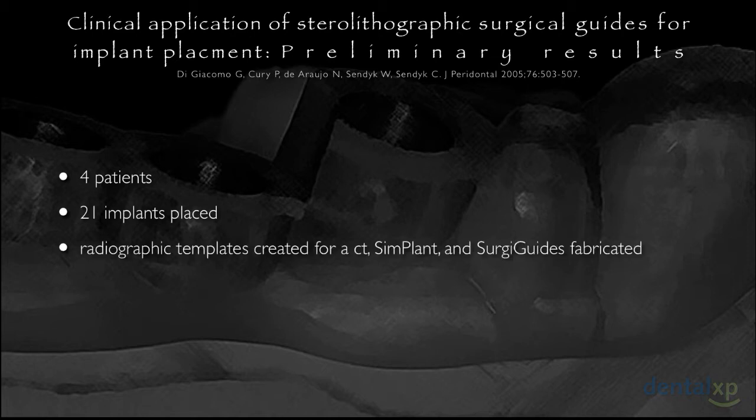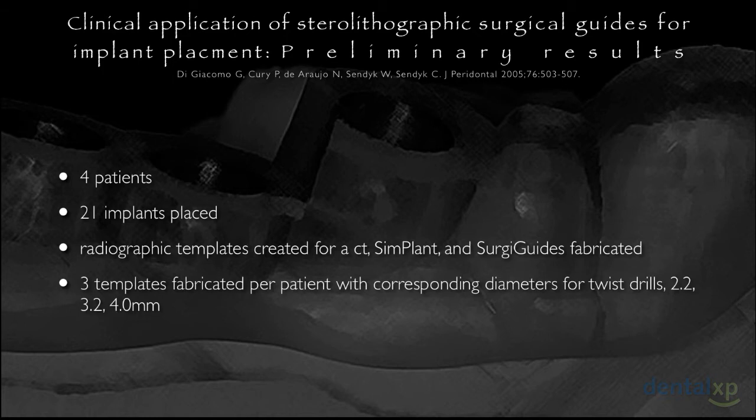Radiographic templates were created for a CT scan using implant software, and the surgery guides were created. 3 templates were fabricated per patient, which corresponded to the different sizes of the twist drills, such as the 2.2, 3.2, and 4.0 millimeter implants. These templates were both bone and tooth borne templates.